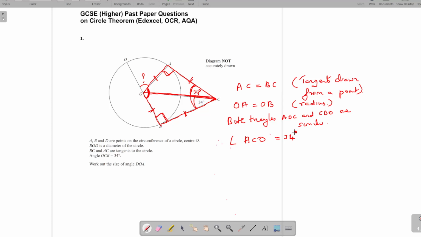Right, now we are going to take the quadrilateral AOBC, angles add up to 360. So we are going to write it.